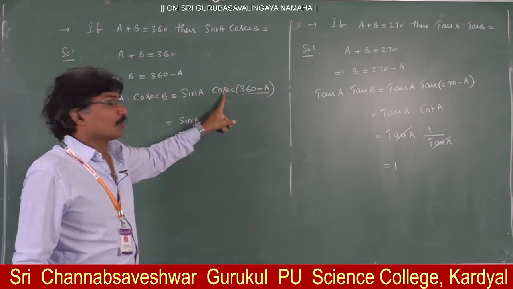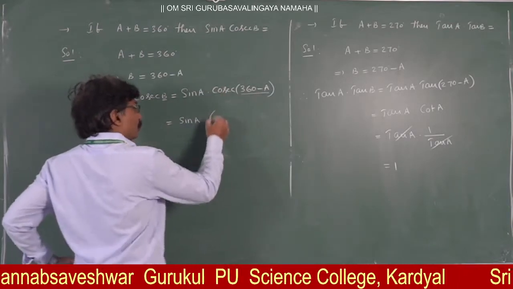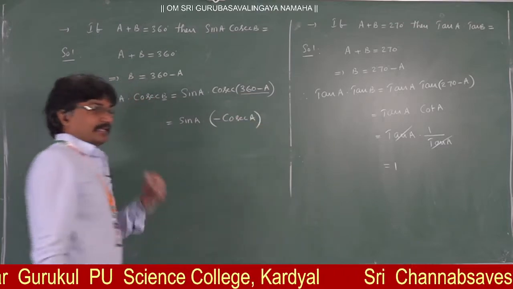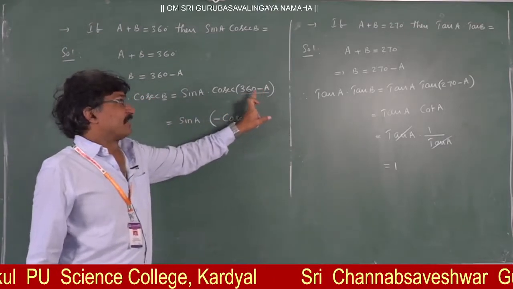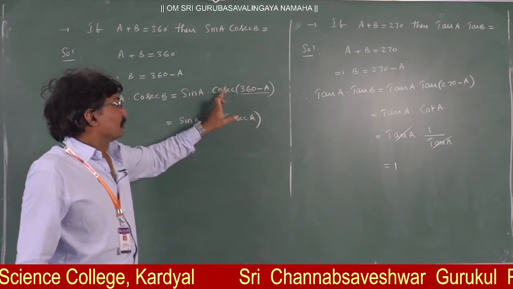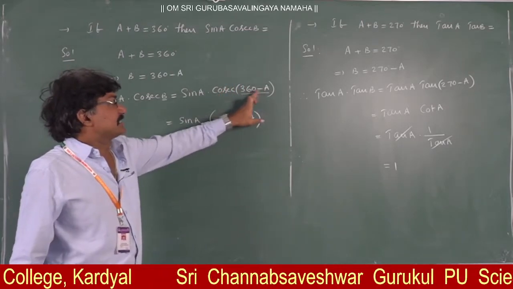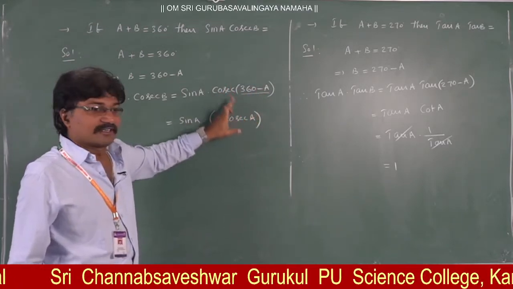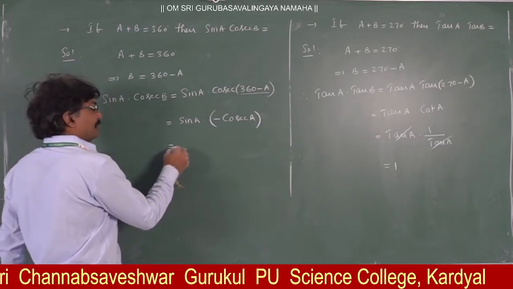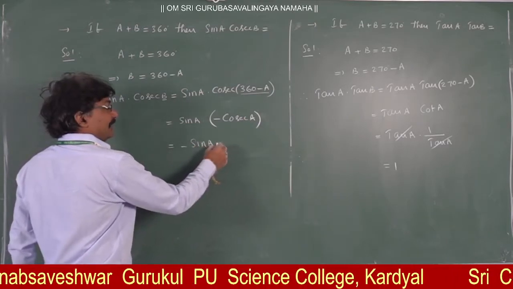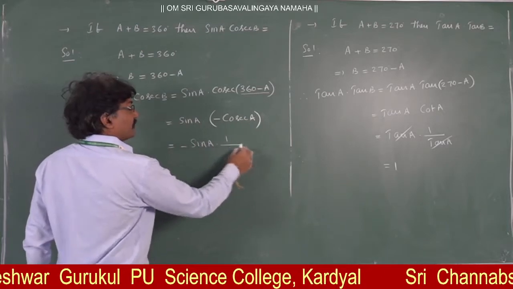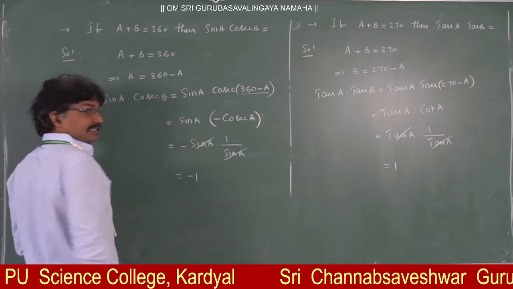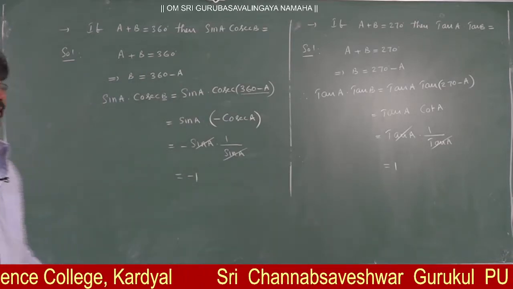In the fourth quadrant, cosecant is negative. For 360 minus A or 360 plus A, cosecant has no change. So it is minus cosecant A. That is equal to minus sin A into cosecant A. Cosecant can be written as 1 by sin A. Sin A gets cancelled and it is equal to minus 1.